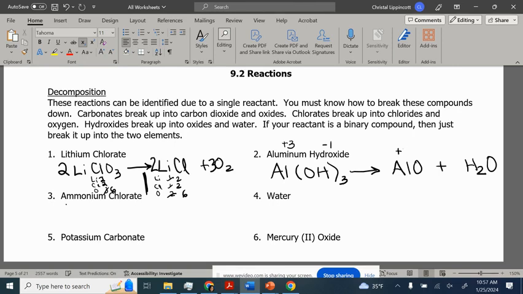This is a +3 and a -2. So I need 2 of these and 3 of these to get that formula balanced out. You cannot go back over here to get your subscripts. Do not do it. Naughty, naughty, naughty.